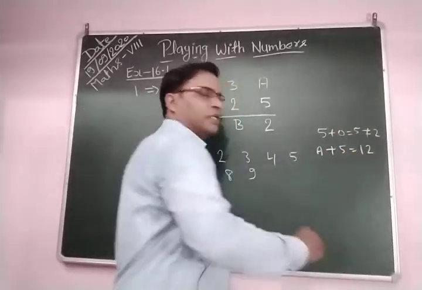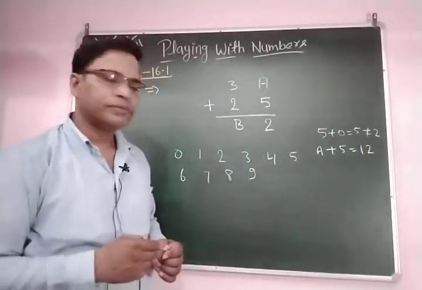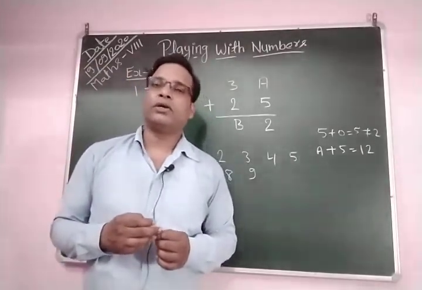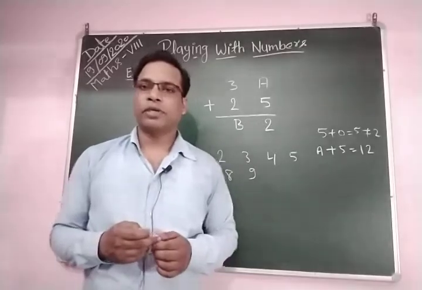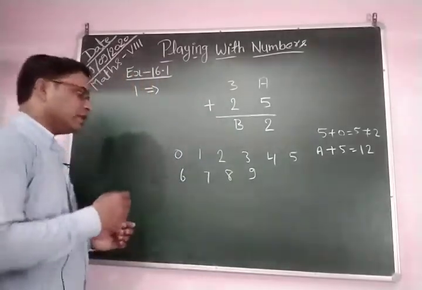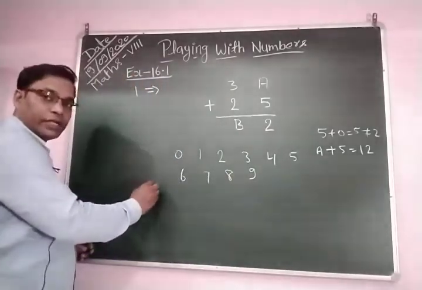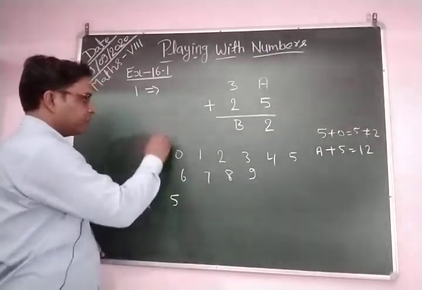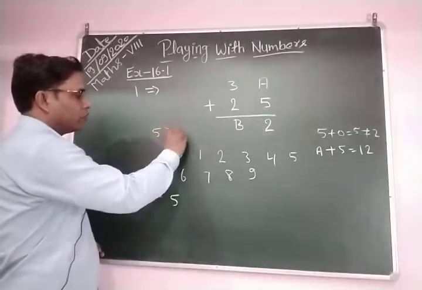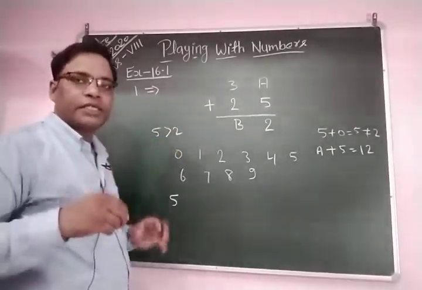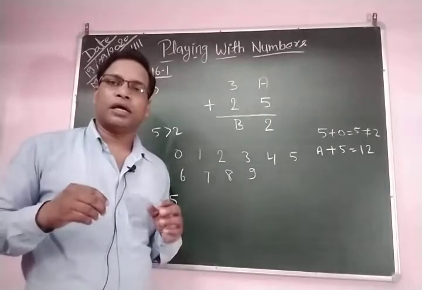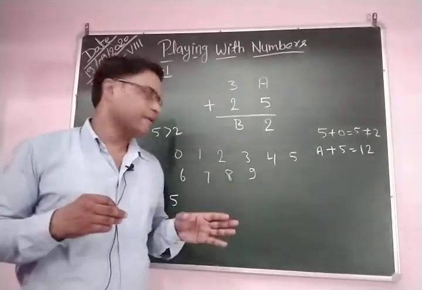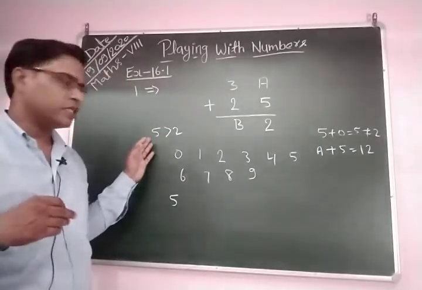This becomes 12 if you add some number to 5, and then you can find that number. But you know very well 5 is greater than 2. If you add any digit to 5, it becomes greater than 2, not equal to 2.